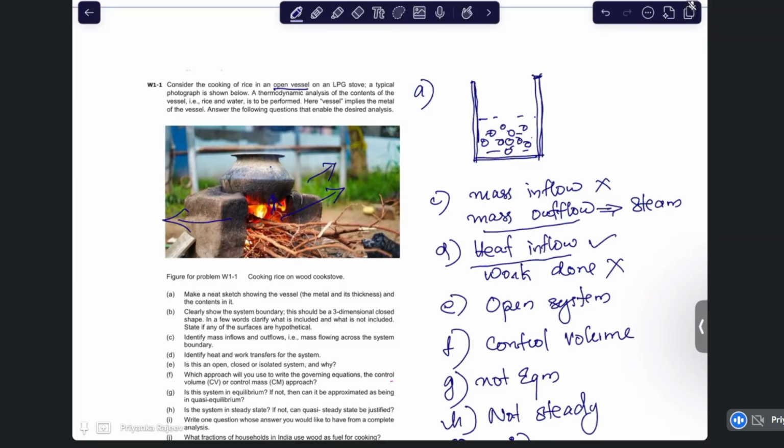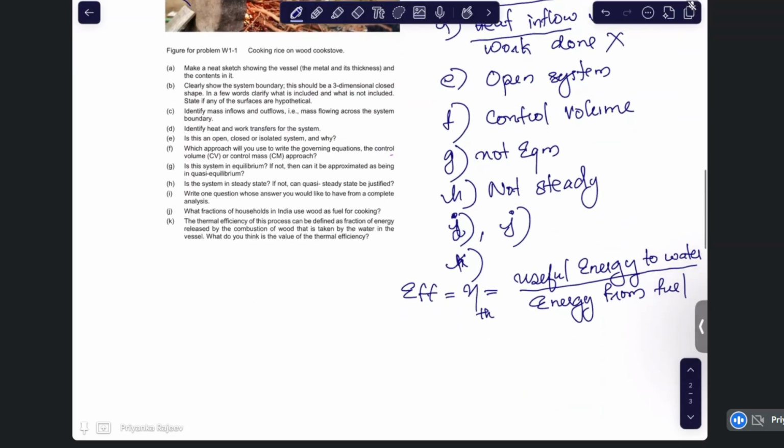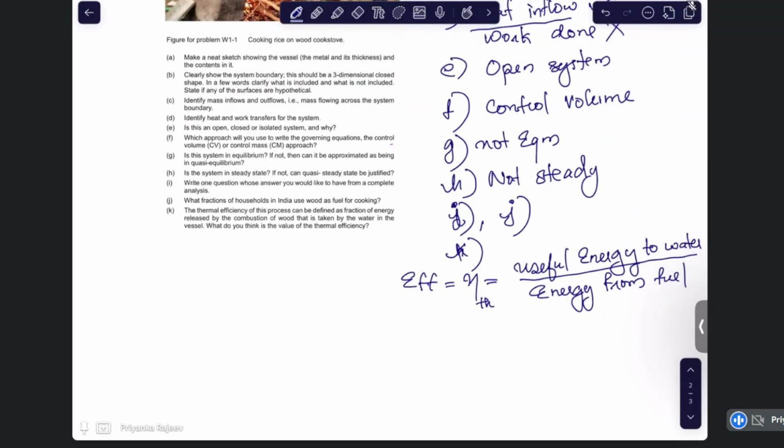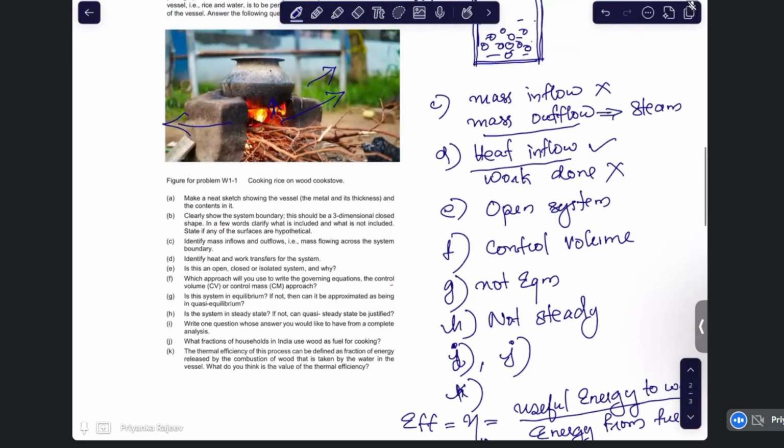Also, the complete chemical energy of fuel won't be transferred into heat energy only, because first thing is incomplete combustion, because you can see there is a lot of soot. Soot means carbon deposition, because the whole of the carbon is not getting combusted.